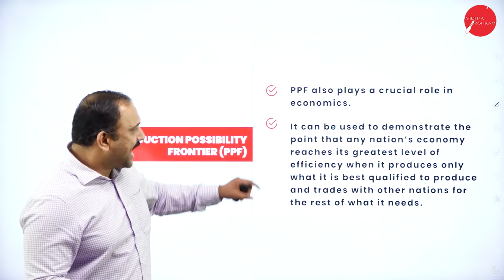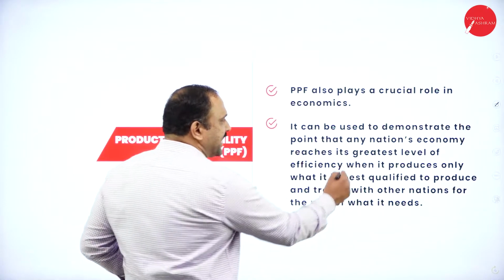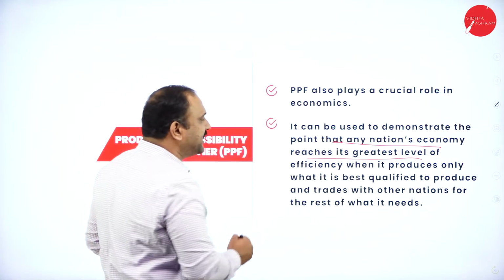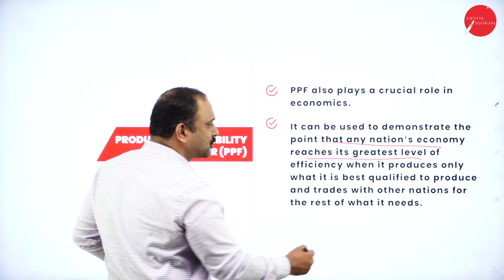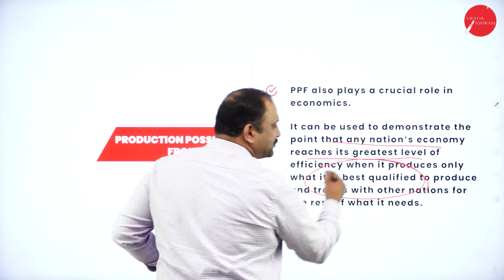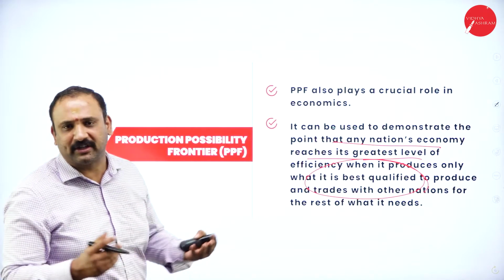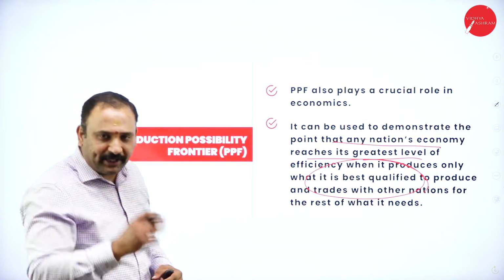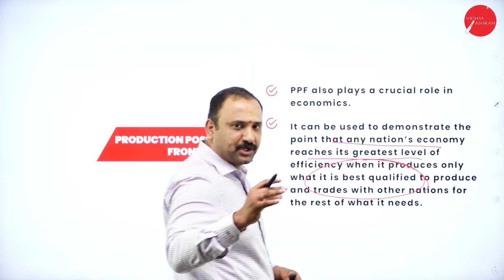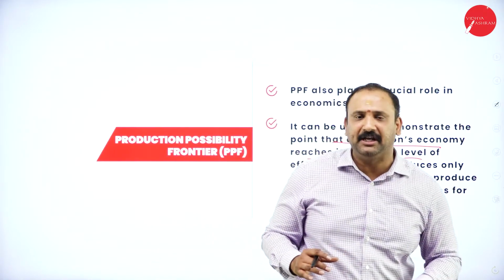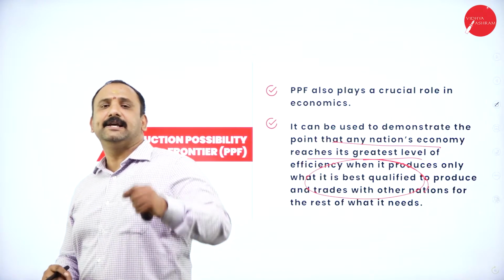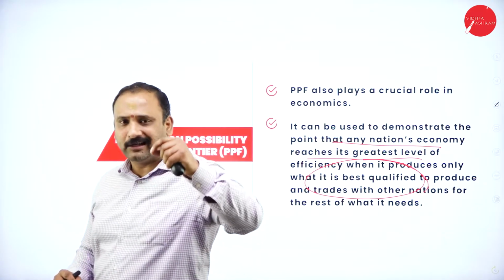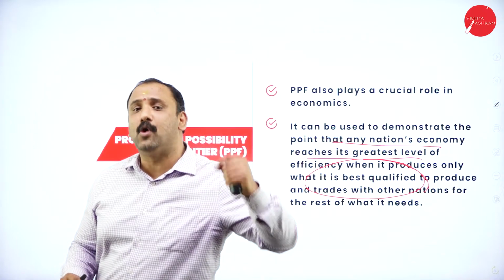Why? Because at any point, any nation's economy reaches its greatest level of efficiency only when it produces what it is best qualified to produce and trades with other nations for what the rest of the world needs. Now for India, when you talk about production, when you talk about agriculture, mining, metallurgy, manufacturing, or any of those sectors, India has been very, very clear about what it wants to do.